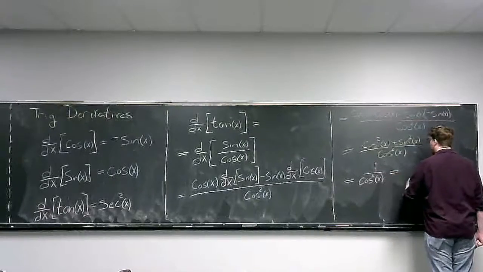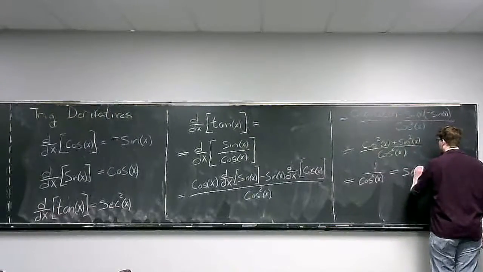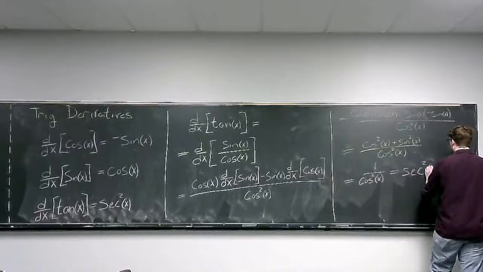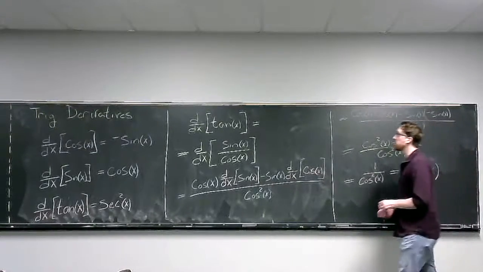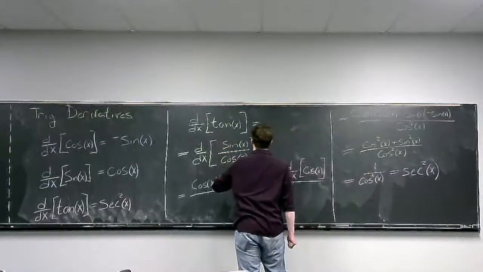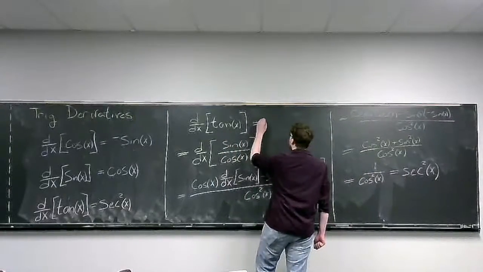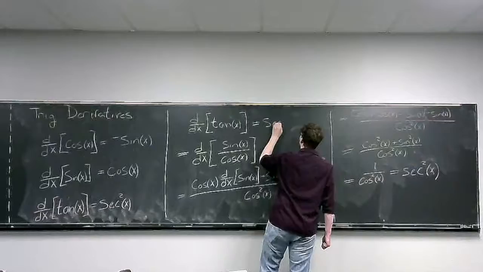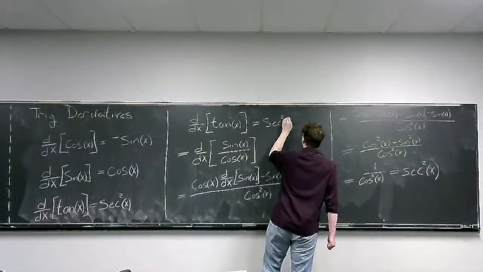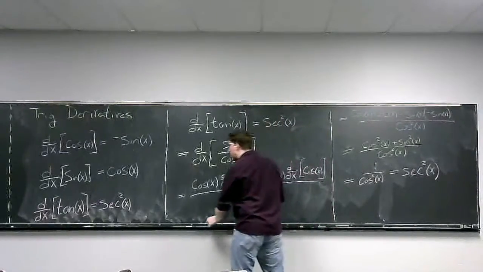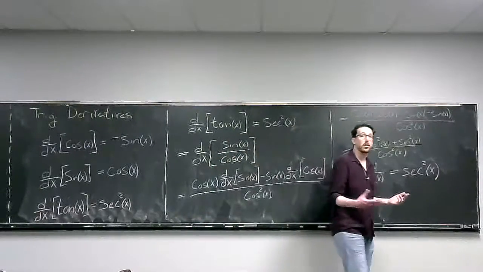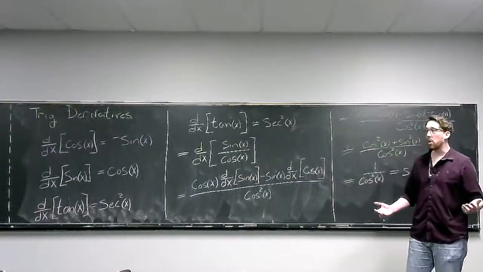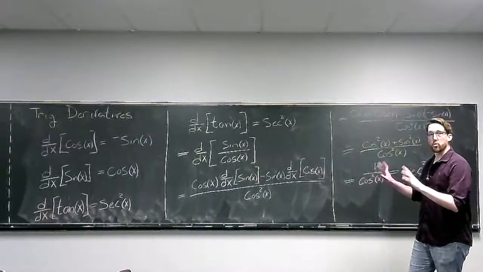But isn't that the same thing as secant squared of x? And hence, we have just shown that the derivative of tangent of x is equal to the secant squared of x. And it's by knowing these sorts of relationships between sine and cosine that you can find all of the derivative identities for your trig functions.